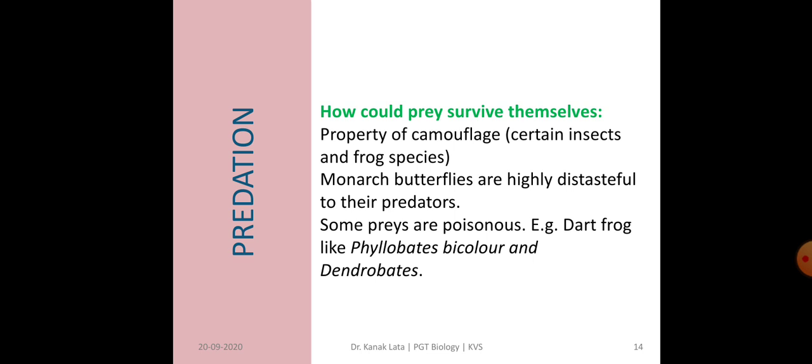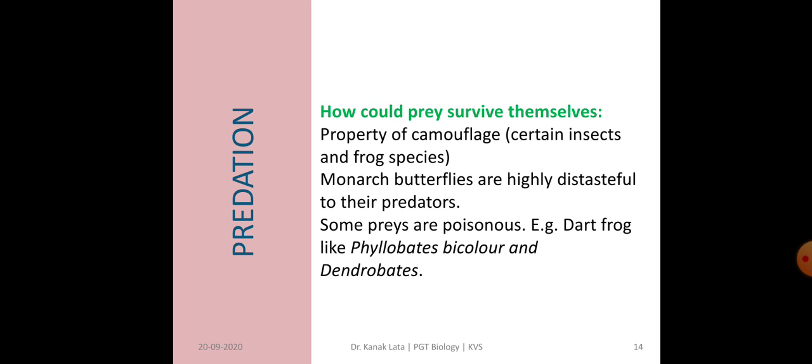Now the question arises, how could prey protect themselves? First is the property of camouflage, means they can change their color according to the surroundings. For example, certain insects and frog species. Another example is the monarch butterfly. They are very distasteful, so the predator will not eat them.